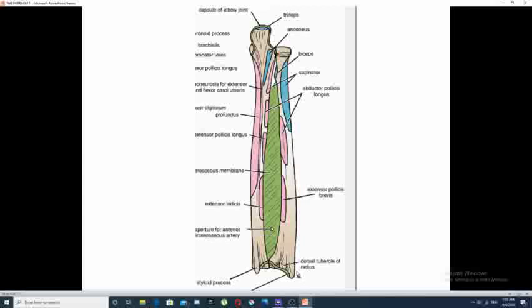Also, as in the ulna, the styloid process of the radius is subcutaneous. It is easily palpable through the skin.